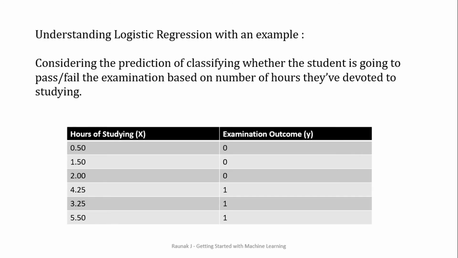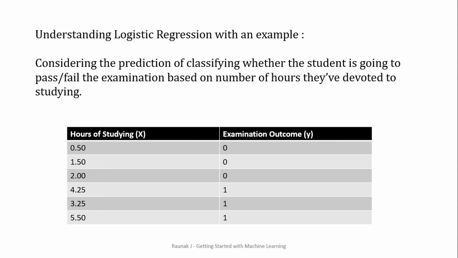So, understanding logistic regression with an example. Obviously every time we have to take an example so that you get a better intuition of the algorithm. So considering the prediction of classifying whether a student is going to pass or fail the examination based on the number of hours they have devoted to studying. A particular student devotes some hours for studying, and we have the examination outcome.